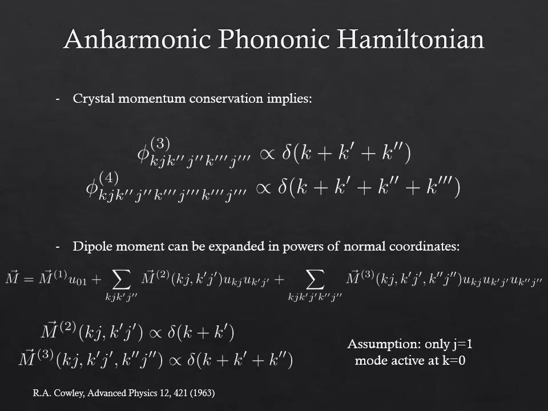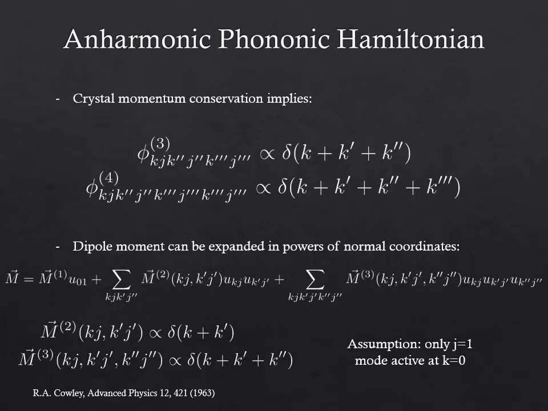So there's a coupling between these dipole moments and the U's, which is written here, with again coefficients M2 and M3, the same way we did before. And by the same line of logic, these depend on delta functions of the k's here. And finally, we're assuming here that at k equals 0, there is only one phonon mode that is not 0, aka that is optically active, which is why the first term only depends on U of 0, 1.